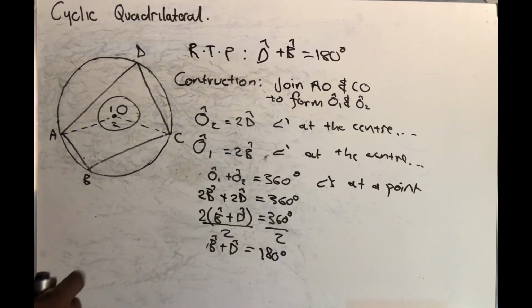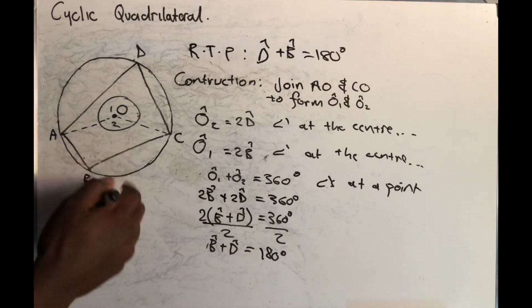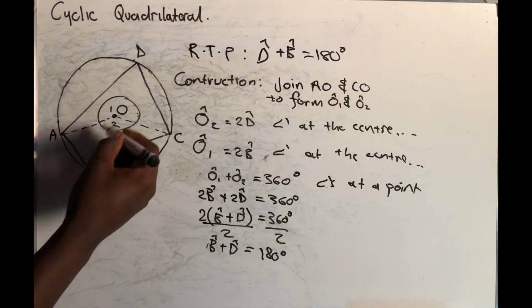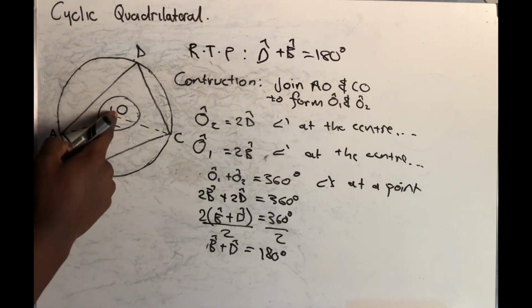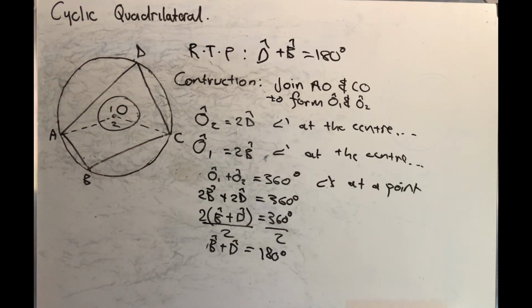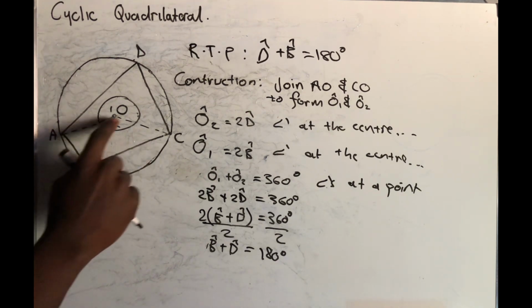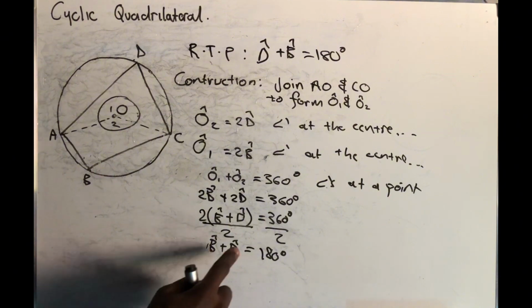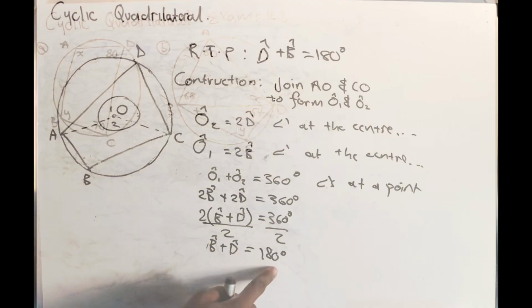The same way, if you join BO and DO, you will prove that A plus C is equal to 180. But now we've joined AO and CO, we've proved that B plus D is equal to 180.